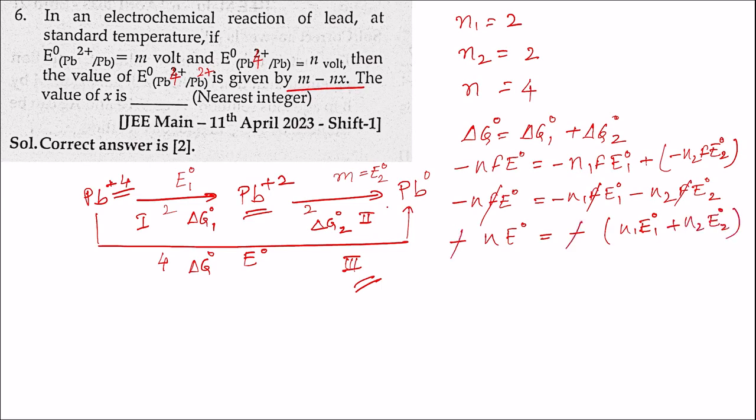Minus minus cancels. Now putting the values, value of N is 4 into E naught value for the third step is given as n volts.